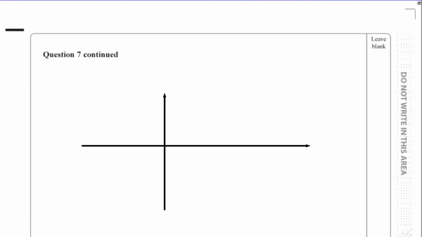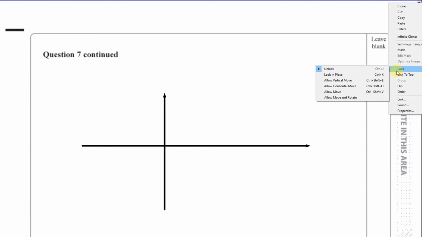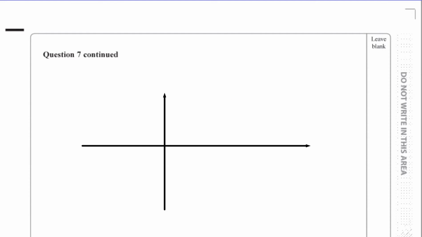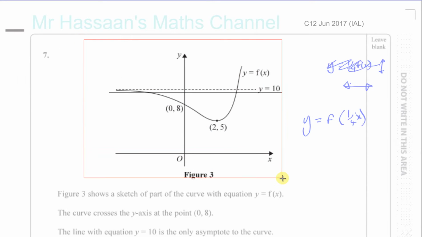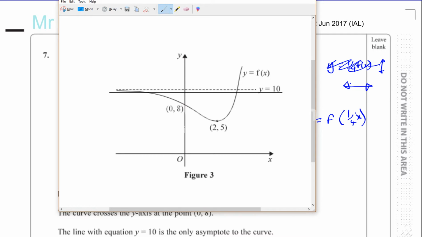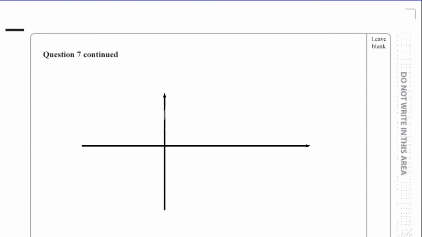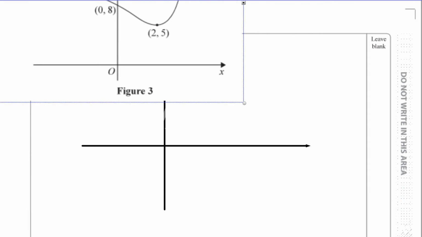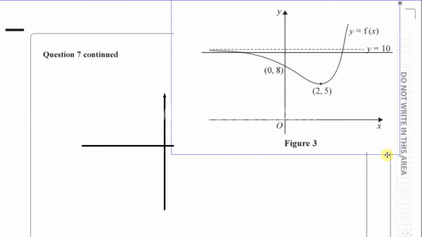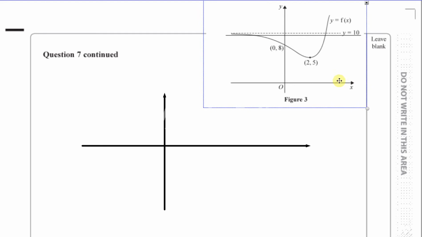I'm going to take the sketch that we have already and put it here so we can see what's going on up there.